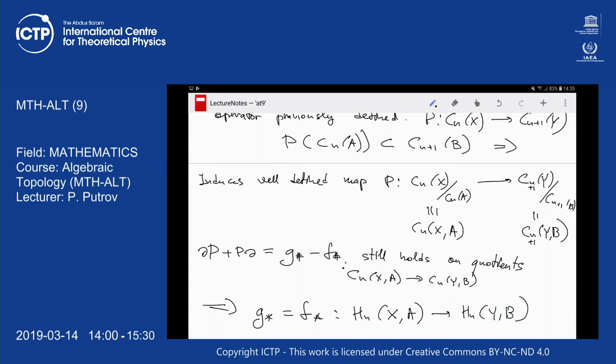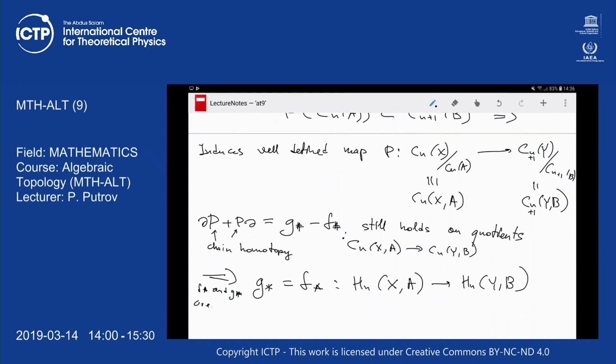So we call this property that P is a chain homotopy. This is just reminding what I had before. And one can say that F sharp and G sharp are chain maps that are chain homotopic. This concludes the proof that the induced maps are the same.